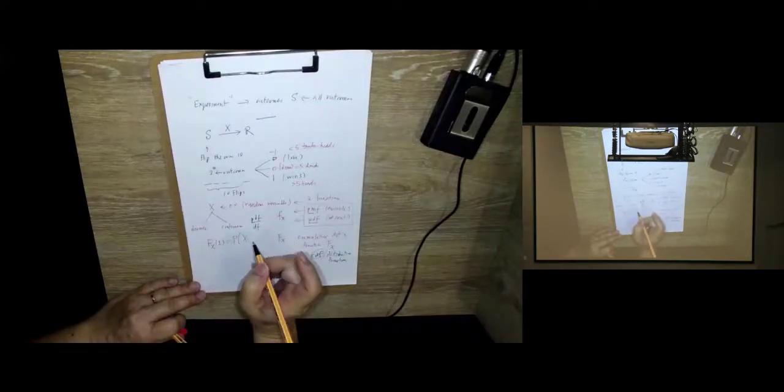Now this is just the name of the function, and what are they? The big F of x, the cumulative distribution function, is simply the probability that the random variable is less than or equal to x. This definition is applicable to the random variable whether it is discrete or continuous.